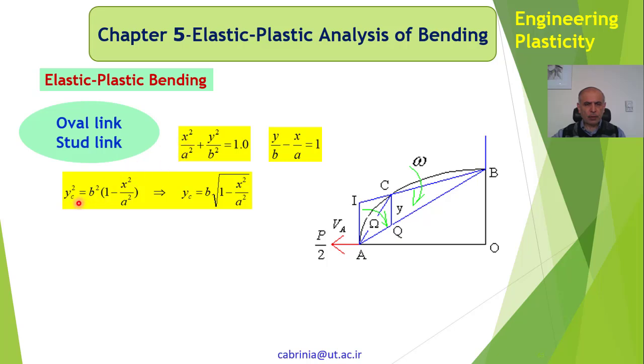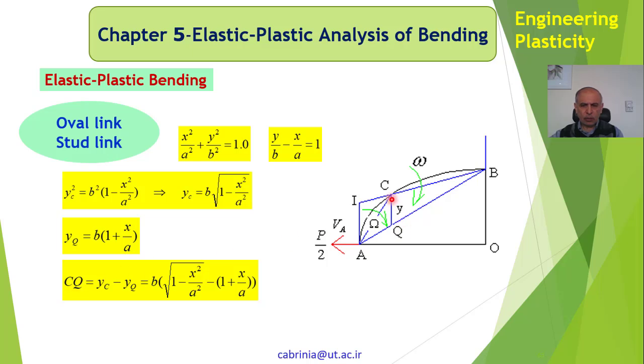So I can write yc, the vertical coordinate of point C, is equal to b times the root of 1 minus x squared over a squared. And yq also I can get from here. So yq, for the point Q, is b times 1 plus x over a.